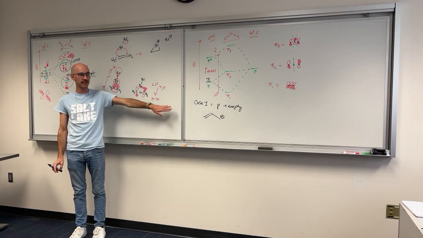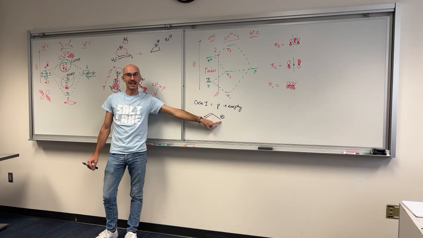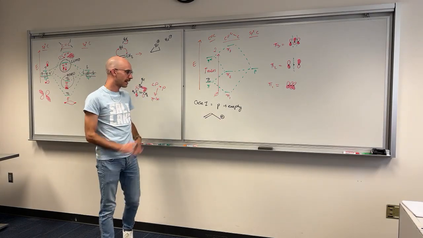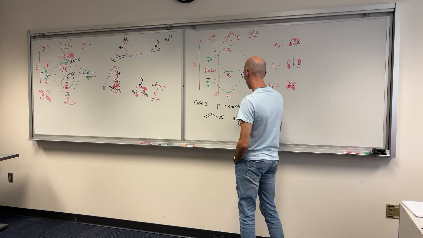That gives me this dot structure, this bond line structure. A double bond and a carbon that lacks electrons, a positively charged carbon. That is an allylic carbocation.